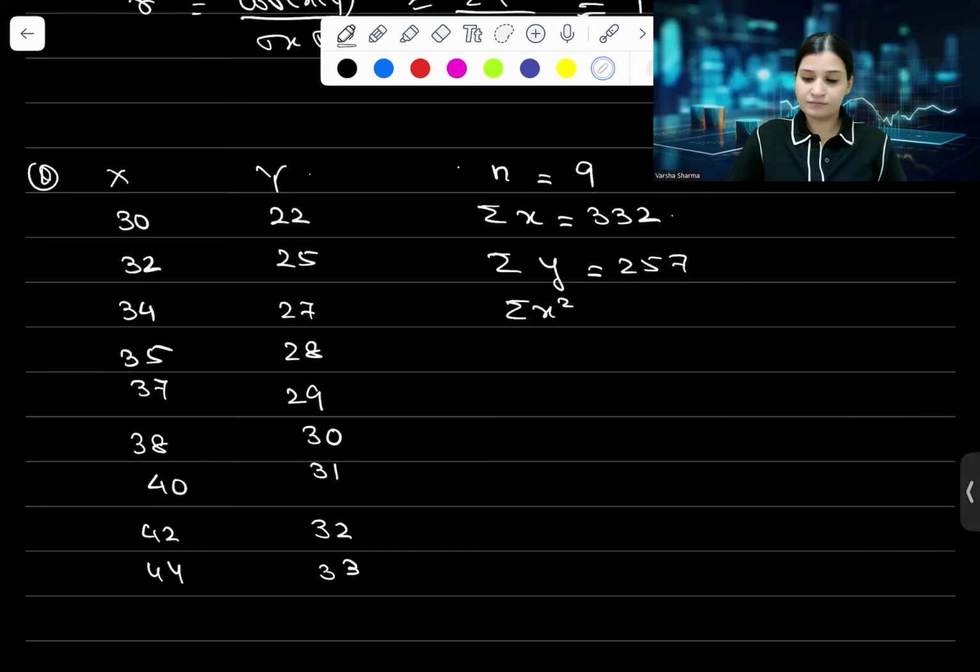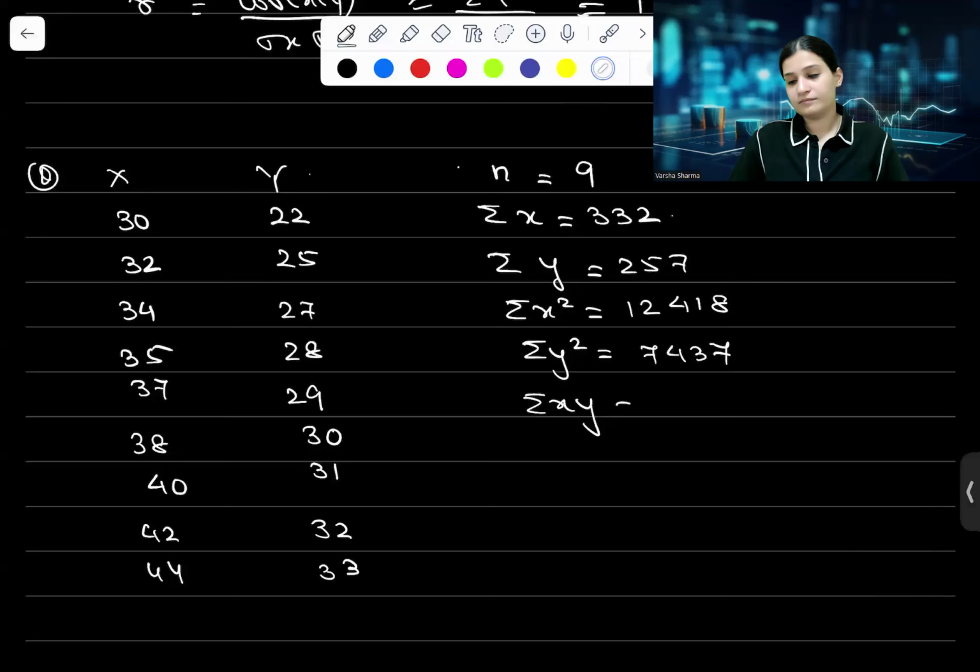Summation X square is 12418. Y square is 7437. And XY is 9607. What is R?